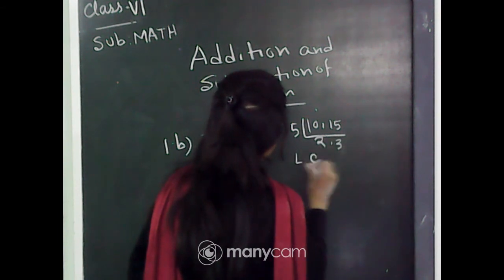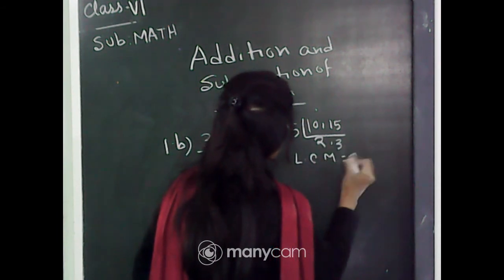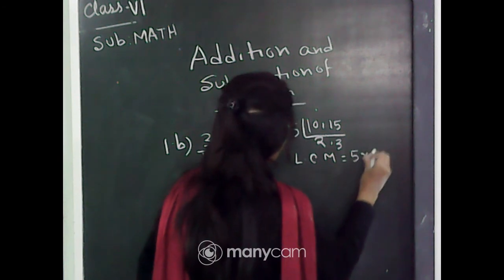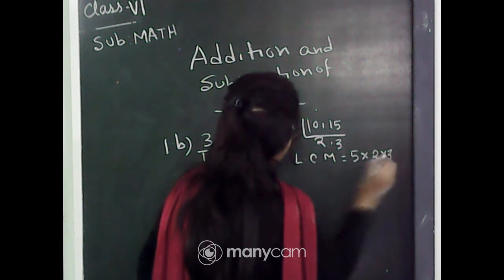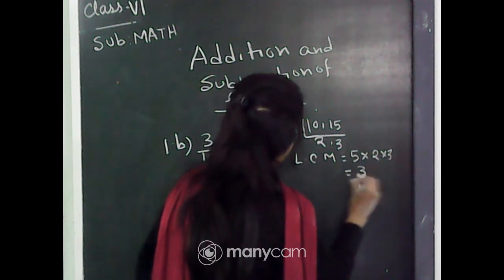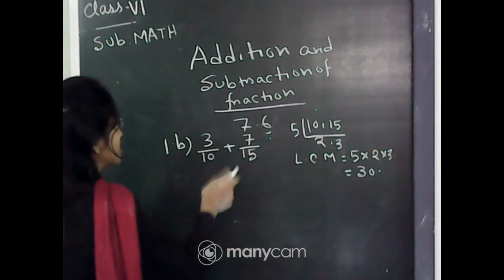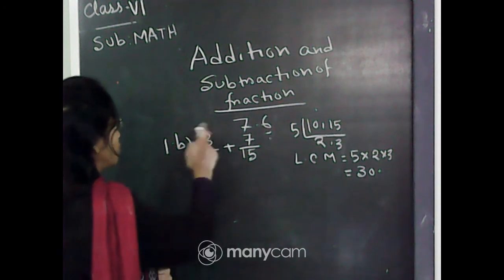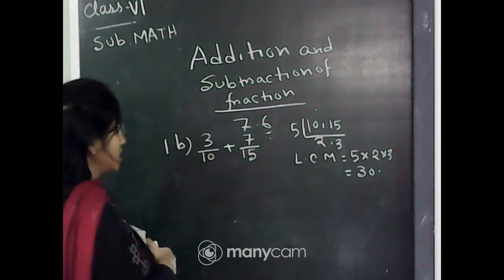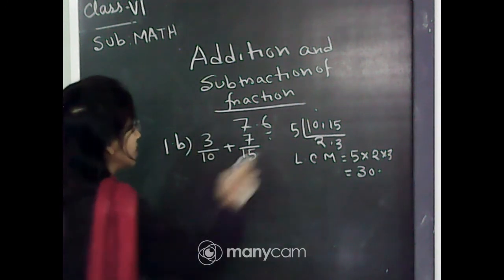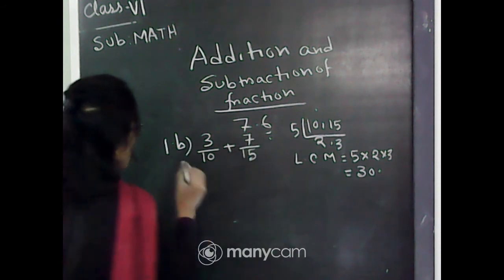And therefore, LCM of 10 and 15 is equal to 5 cross 2 cross 3, that is 30.